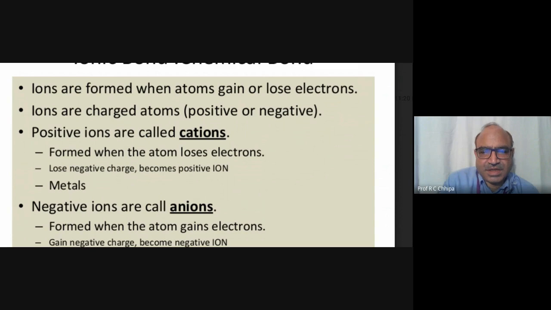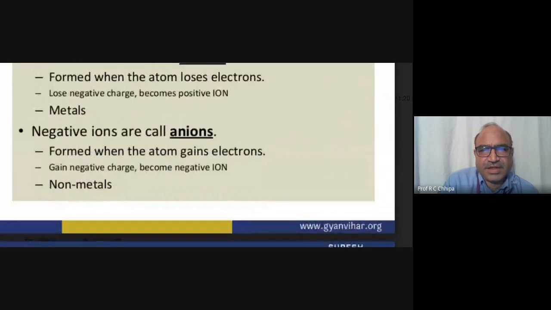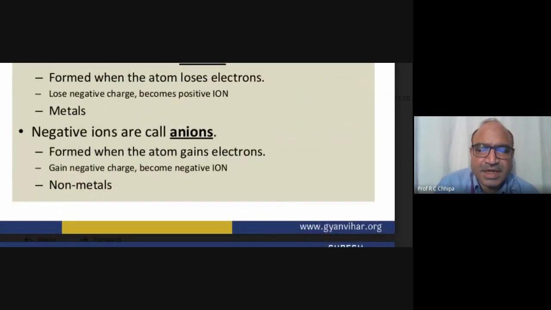Anions are generally non-metals. Metals form positively charged ions, and non-metals form negatively charged ions.